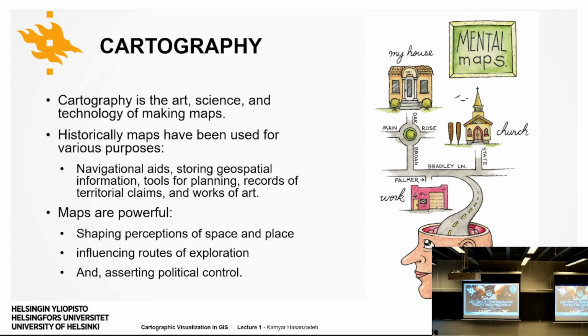One of the main motivations for creating maps in the first place was for storing geospatial data. They made a map to know where they can find, for example, water, or where there is a certain mountain or certain element they needed on a daily basis. Nowadays, it's a bit hard to imagine because we don't think of maps as a place where you would store your data, because we have all these computers and storage devices. But imagine in a day where there was no computer, to remember where a certain geographical feature is, you had to draw a map and keep it somewhere.